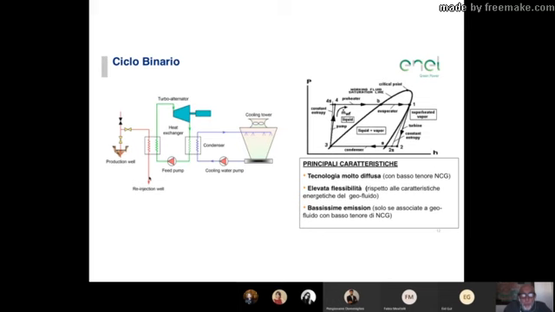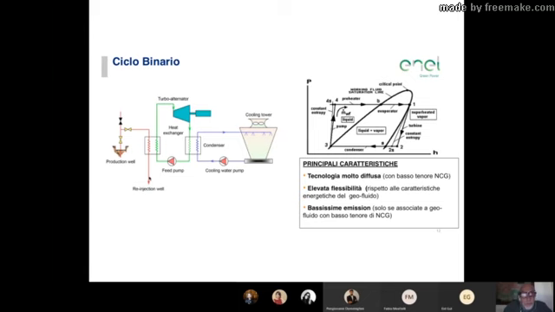To produce only 6 megawatts of geothermal energy in a binary cycle, you need about 600 tons of geothermal water.